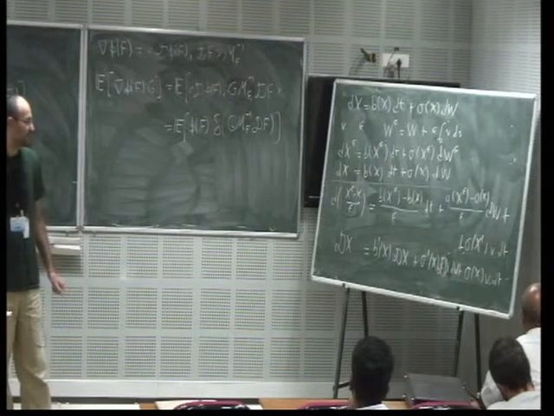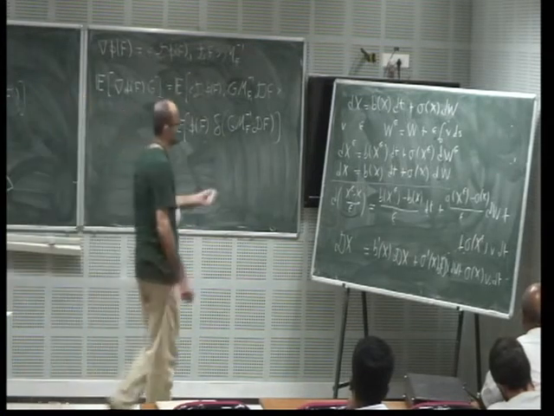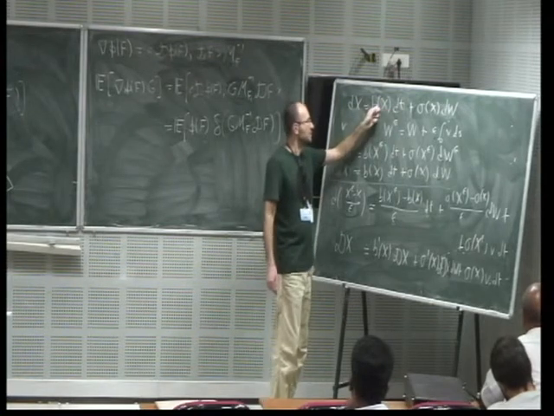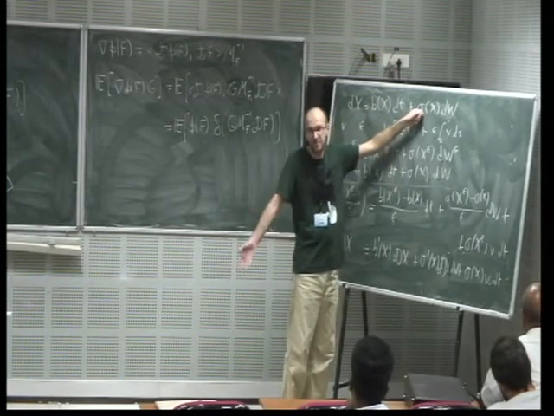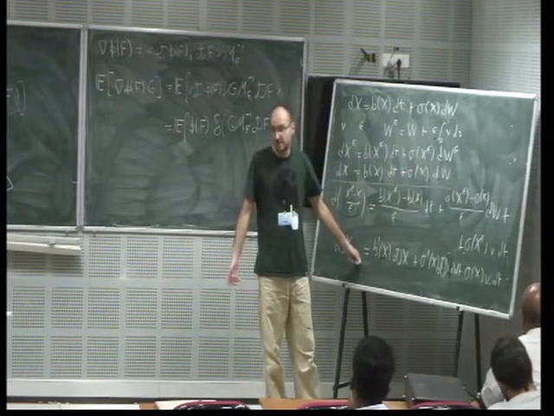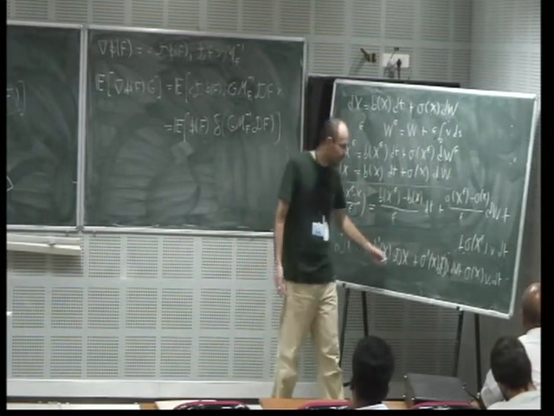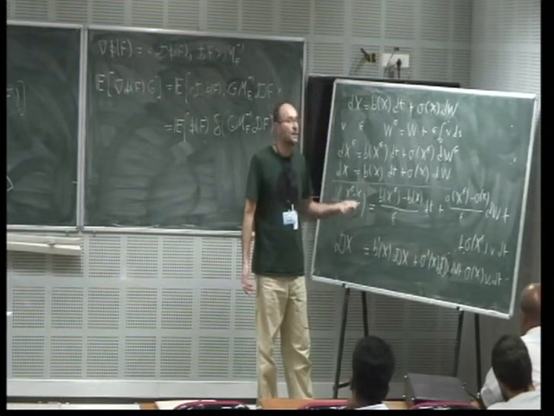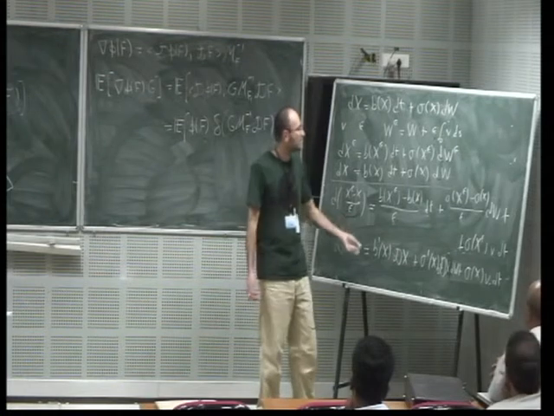That means that if x is a solution of this SDE, if the coefficients are regular enough, then the solution is Malliavin differentiable and satisfies this equation, which is nothing less than the linearization of this equation.